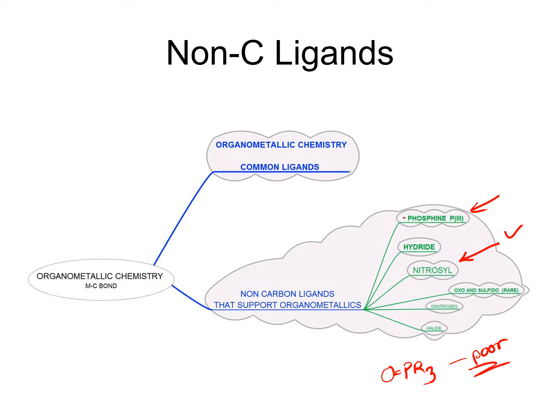Phosphorus in the oxidation state 3 is extremely important. And we have already looked at nitrosyl ligands. These are ligands which are similar to carbonyl, but then because of the positive charge, they behave differently compared to carbon monoxide.